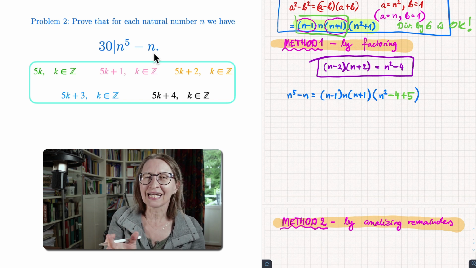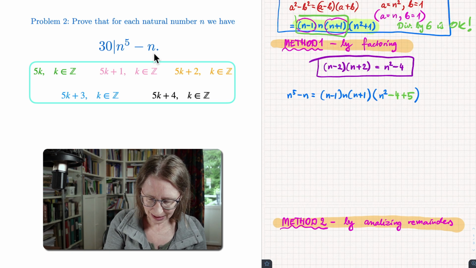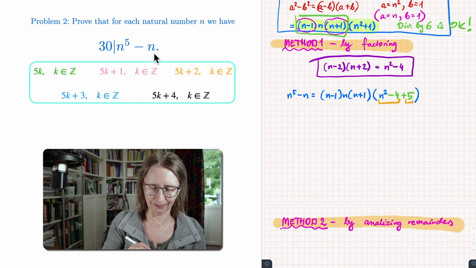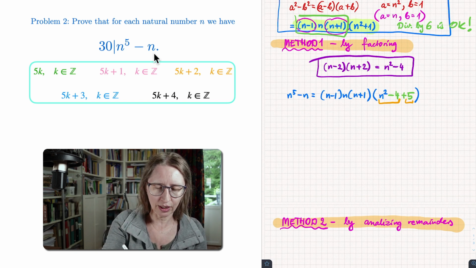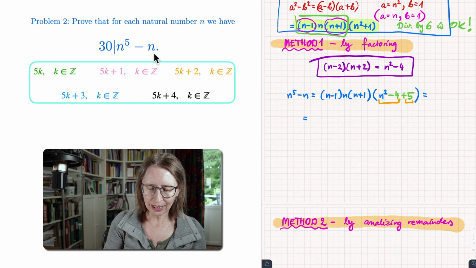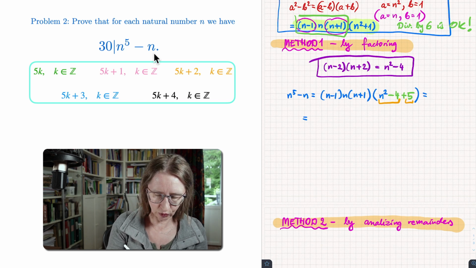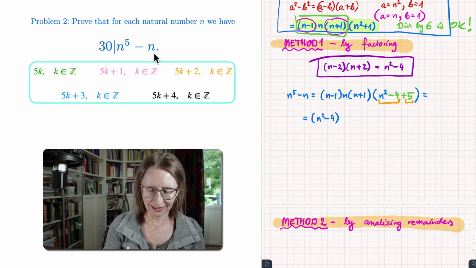But now I can split it. I can split this factor into 2 pieces. So it's kind of the inverse distributive law. So what I will do now is the following. I will split this last factor into n squared minus 4 and then afterwards plus 5.